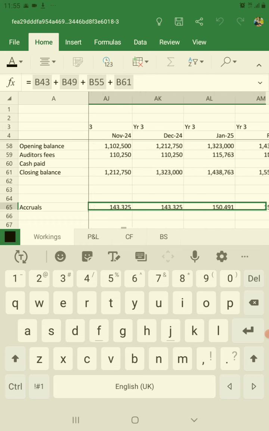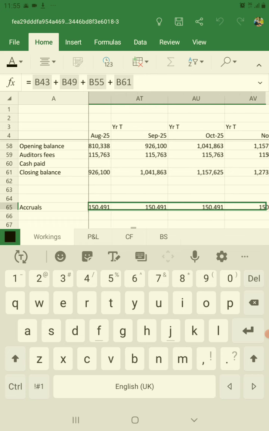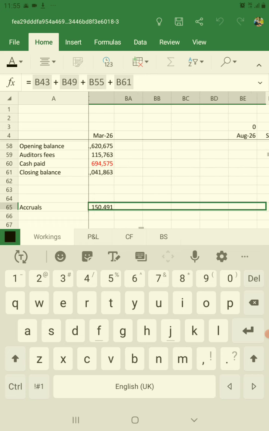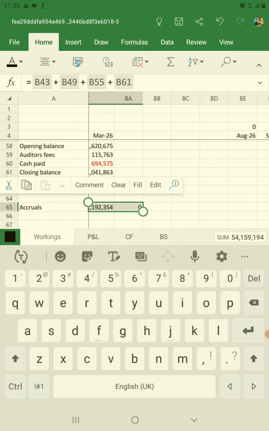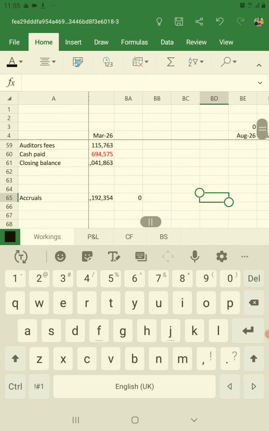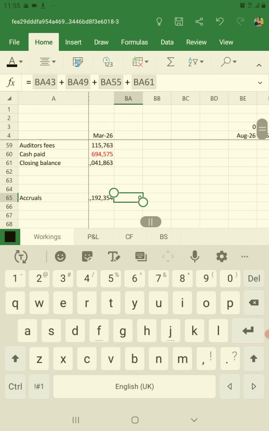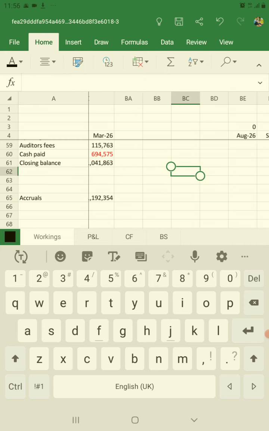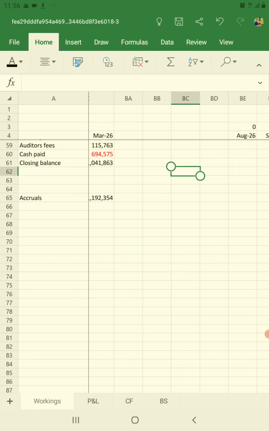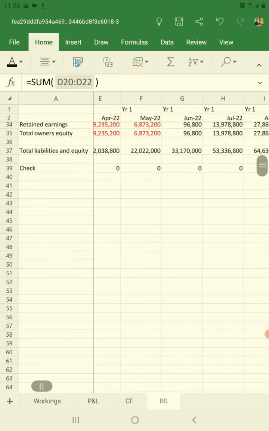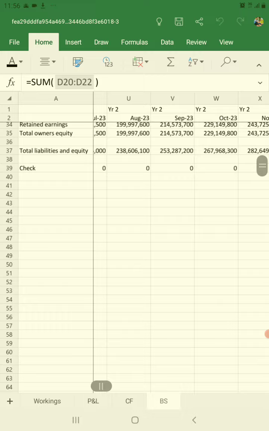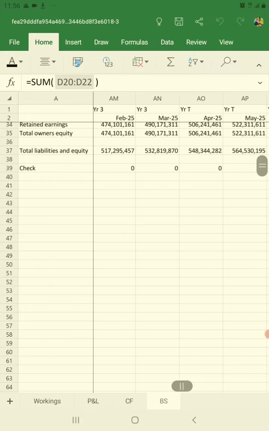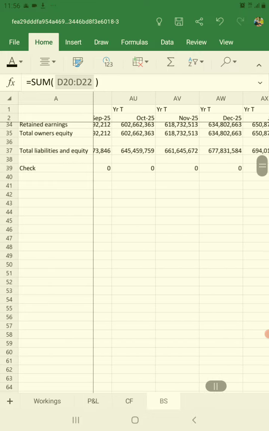If not, then there must be something wrong, which I will have to establish. Let me clear this last one. I don't need this. Clear this. Okay, so let us go back to our balance sheet and see the check. Yeah, so our balance sheet has balanced. As you can see, the check is 000.